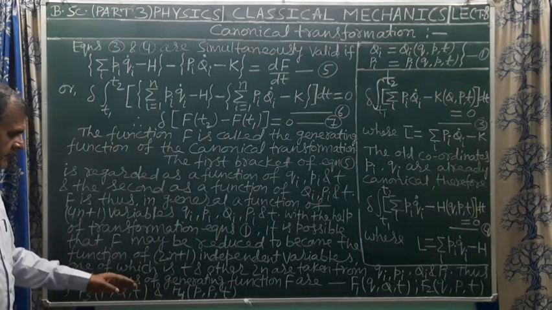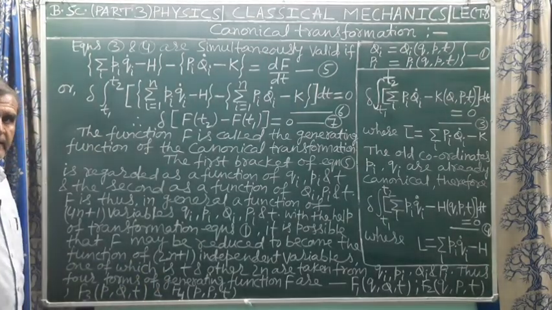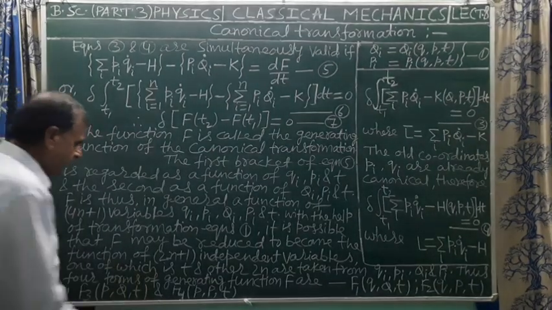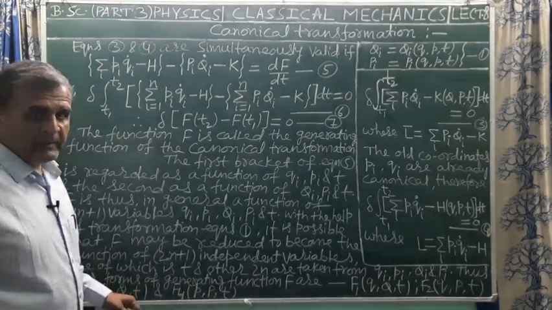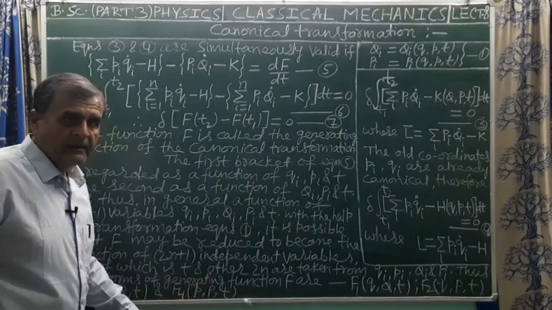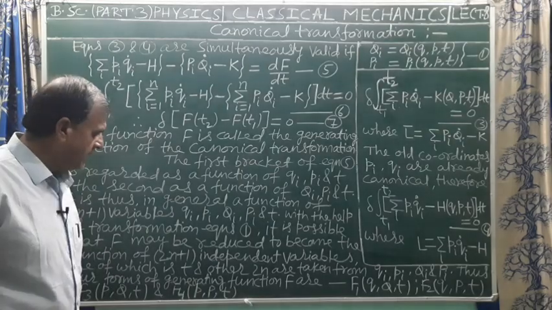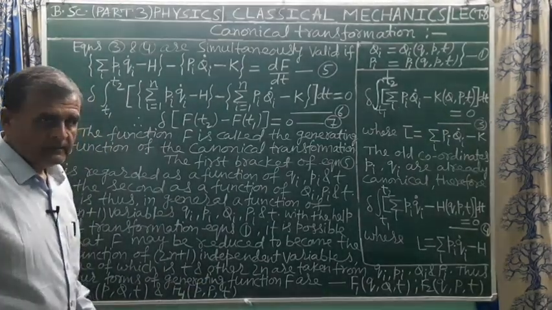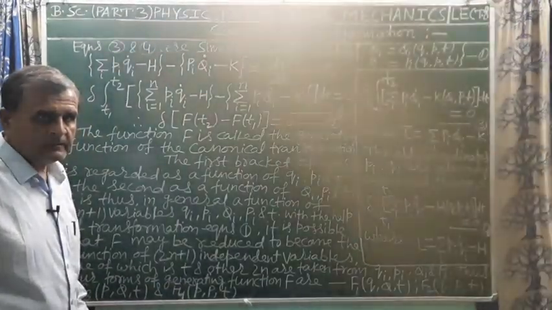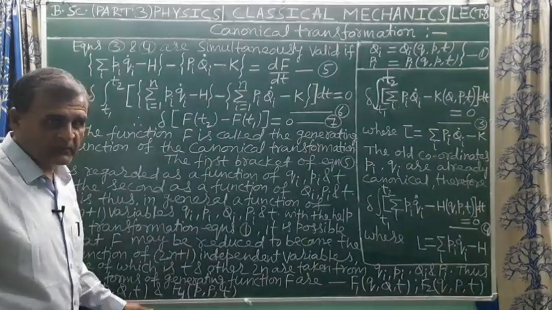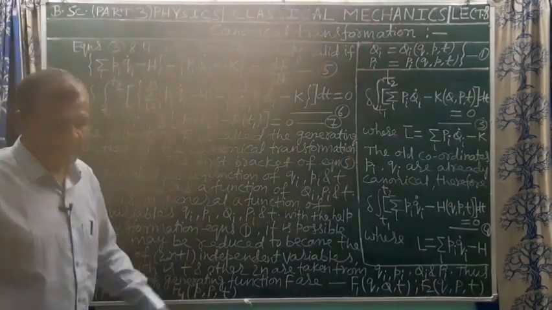And the last generating function, that is the fourth generating function F4, is a function of a small p, capital P, that is momenta in the old coordinate system, a small p, and momentum in the new coordinate system, capital P, and time t. Thus the fourth generating function F4 can also be regarded as a function of 2n plus 1 variables, that is F4 is a function of a small p, capital P, and time t.